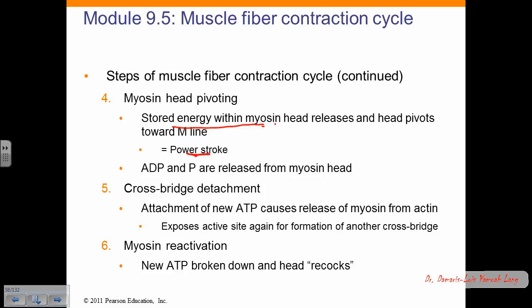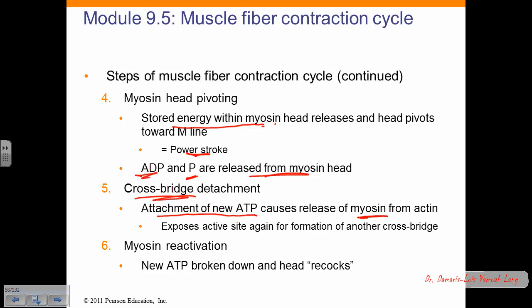Okay, it distorts and moves. Then what happens after the power stroke, which is pulling the thin filaments together? The ADP and phosphate will be released, fall off. And then new ATP will attach, and then the cross bridge will detach, which means the myosin will remove.